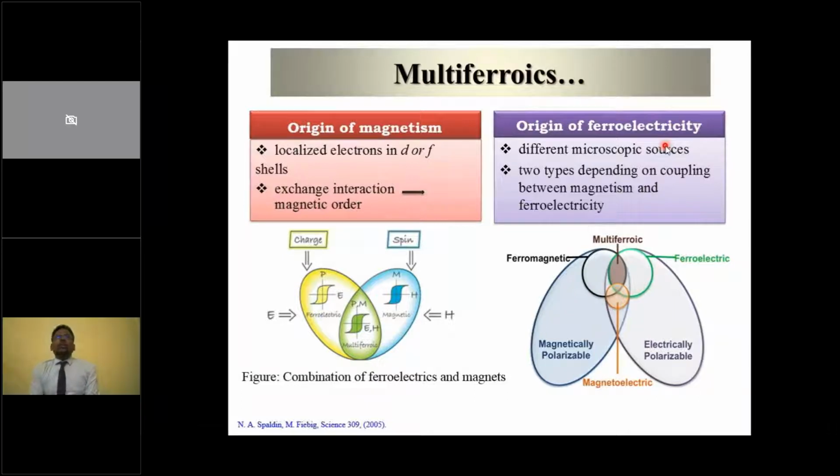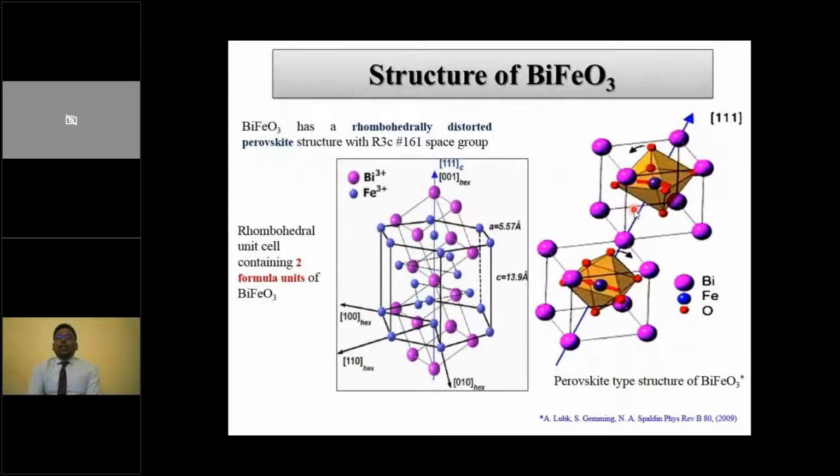Coming to ferroelectricity, how is it generated in this type of material? Different microscopic sources are there, and there are two types depending on the coupling between magnetism and ferroelectricity. This is the basic structure of bismuth ferrite, which is a perovskite structure. As we all know, the perovskite structure is of ABO3 type.